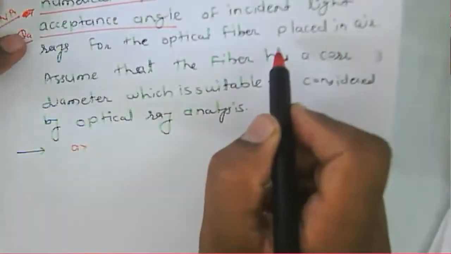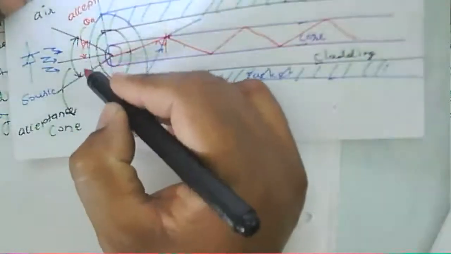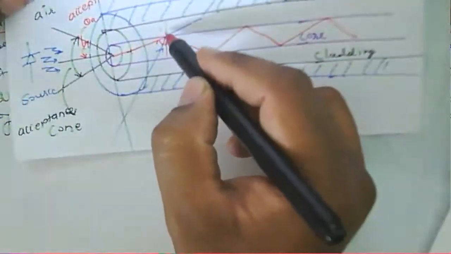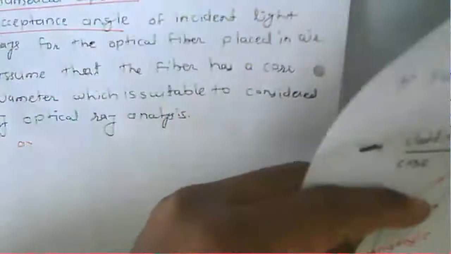Then we have the numerical aperture, which depends on the difference between the refractive indices of the core and cladding.